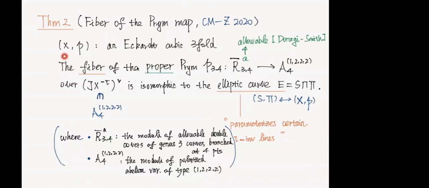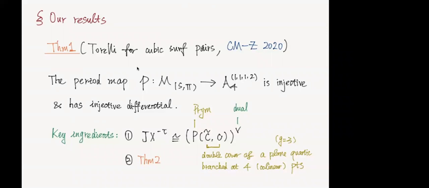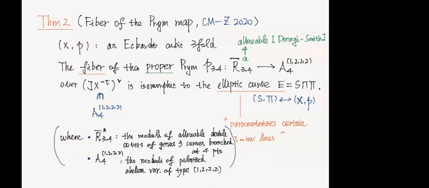Here, let X be the Eckardt cubic threefold. We consider this Prym map, which naturally arises when we study the anti-invariant part of the intermediate Jacobian. This one basically sends a double cover of a genus 3 curve branched at 4 points to some abelian fourfold with some polarization.